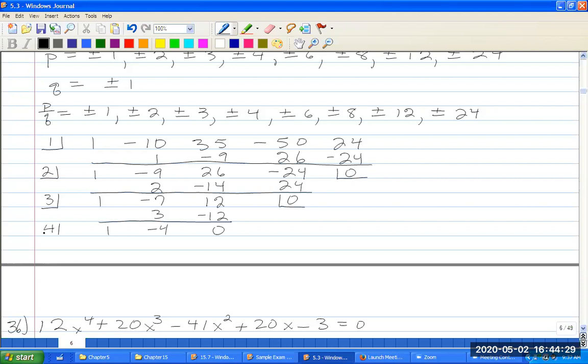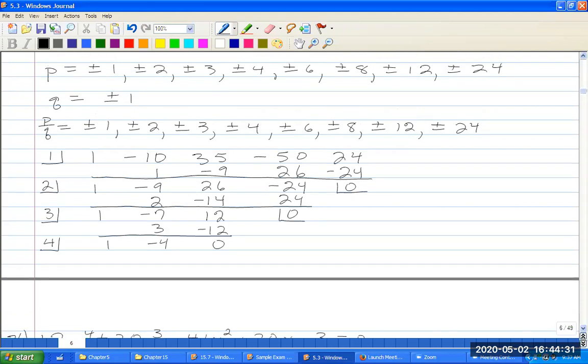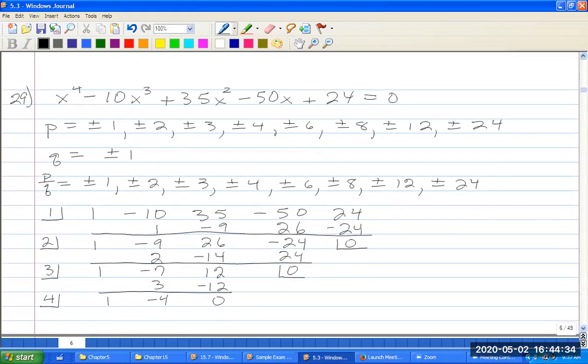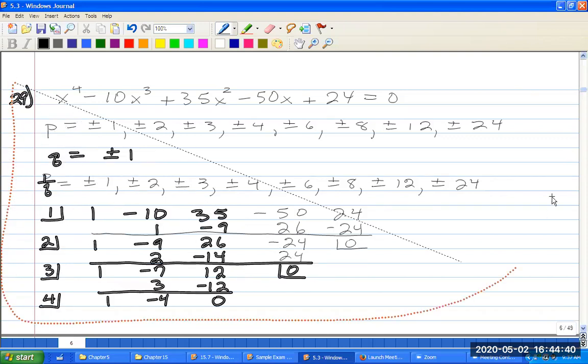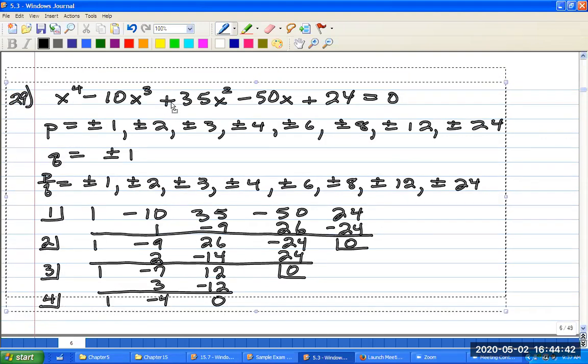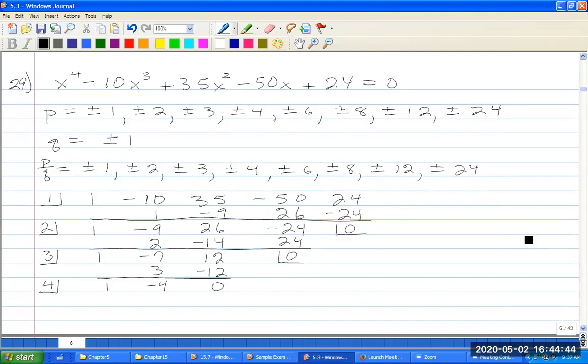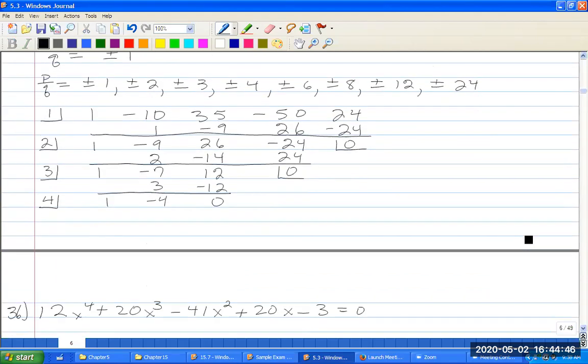And then lastly 4, which I guess I have to move this up just a little bit so I can fit this all in. 1 times 4 is 4, minus 4 is 0.